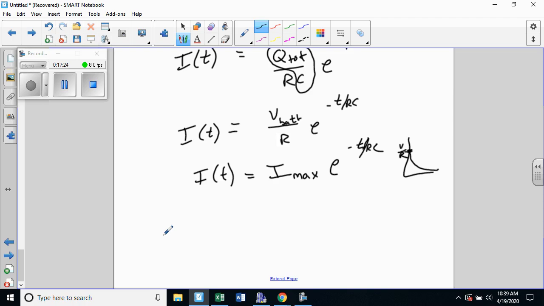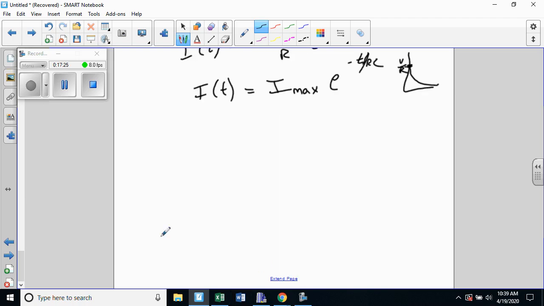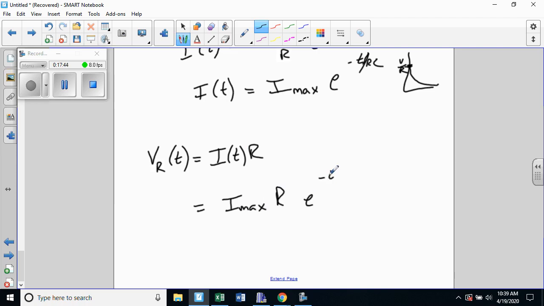Okay. Can we go anywhere from there? Well, let's see. We could say the voltage on the resistor as a function of time. We know voltage on the resistor is just I times R. So if I have I as a function of time, multiply it by R. So here we have I max times R times e to the minus t over RC.